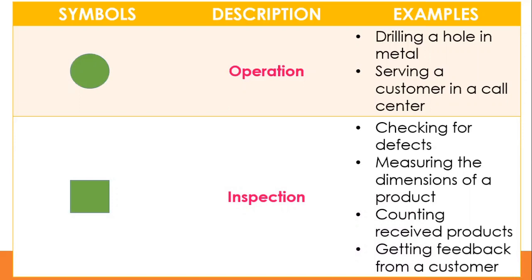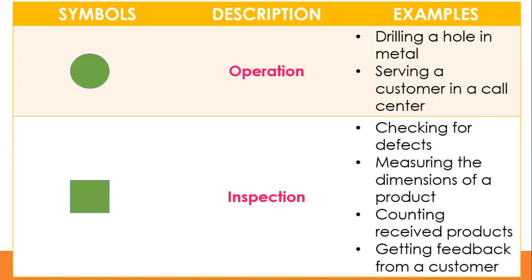Another symbol that we will be using in constructing a flow process chart would be the square, and square represents inspection. Examples of inspection: the operator is checking the material or the product for defects, or measuring the dimensions of a product.